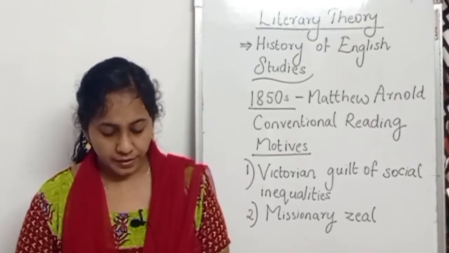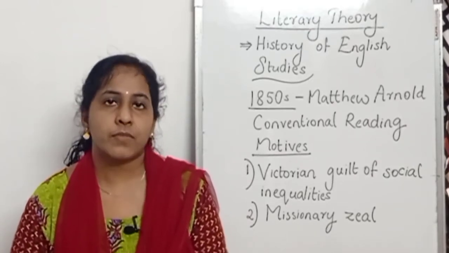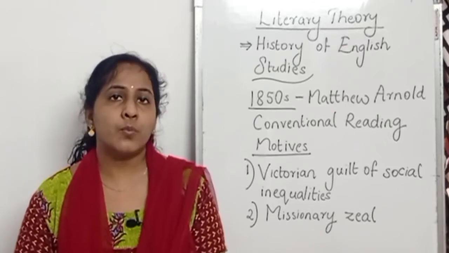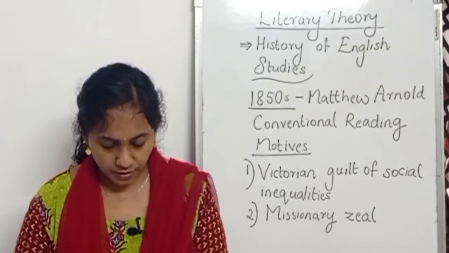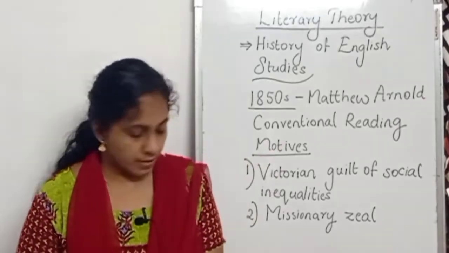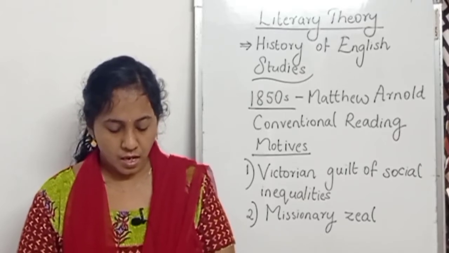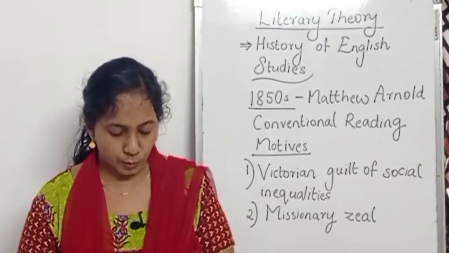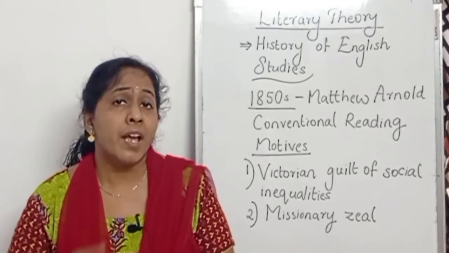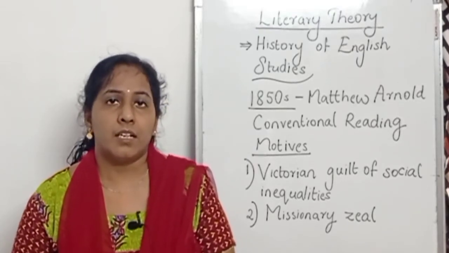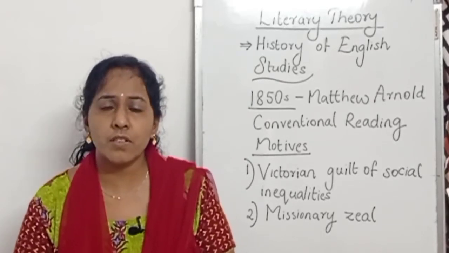And the teaching of English had several motives, objectives or goals. And what were those motives? Let's see those motives. First one is the Victorian mixture of class guilt about social inequalities. In the Victorian period, there was a sense of guilt among the people because there were class divisions. What are class divisions?